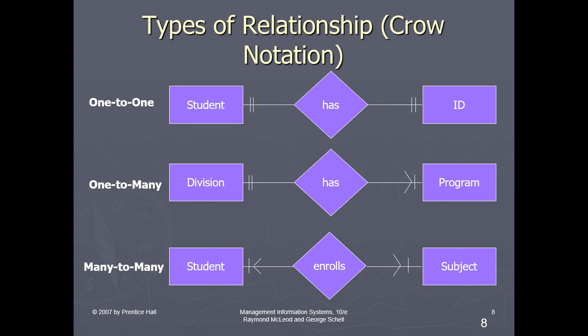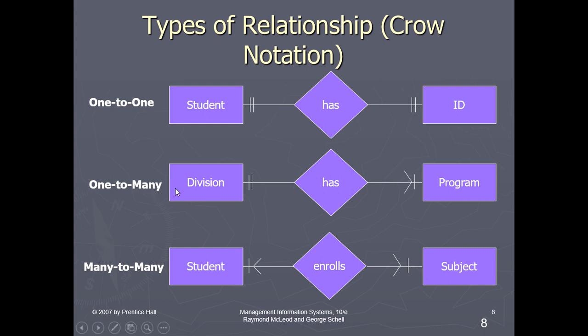So if we have 1 to 1, we will put 2 bars for the one side, and for the other side, if it is many, you have to put a notation like this one, a greater than symbol and 1 bar. So for the one-to-one connection, there are 2 bars from the student side and 2 bars on the other side.